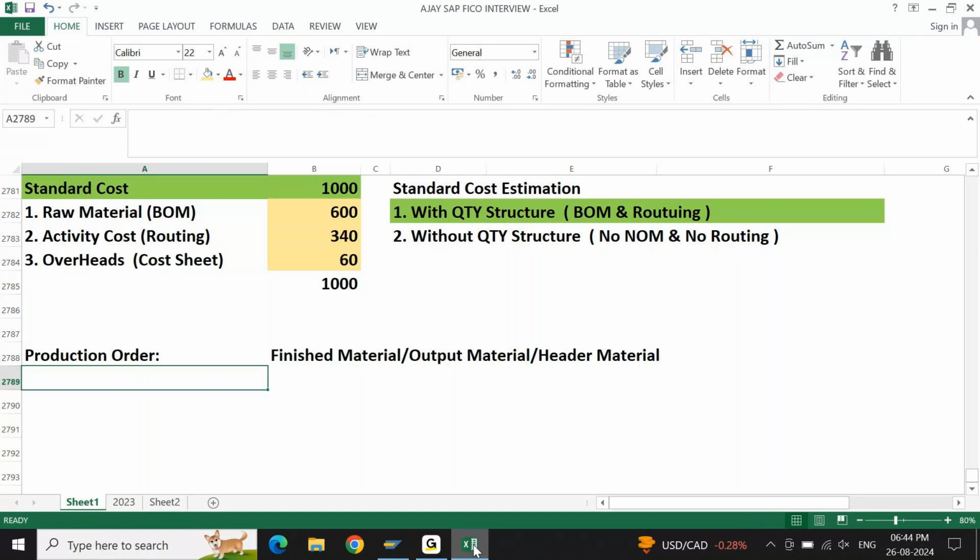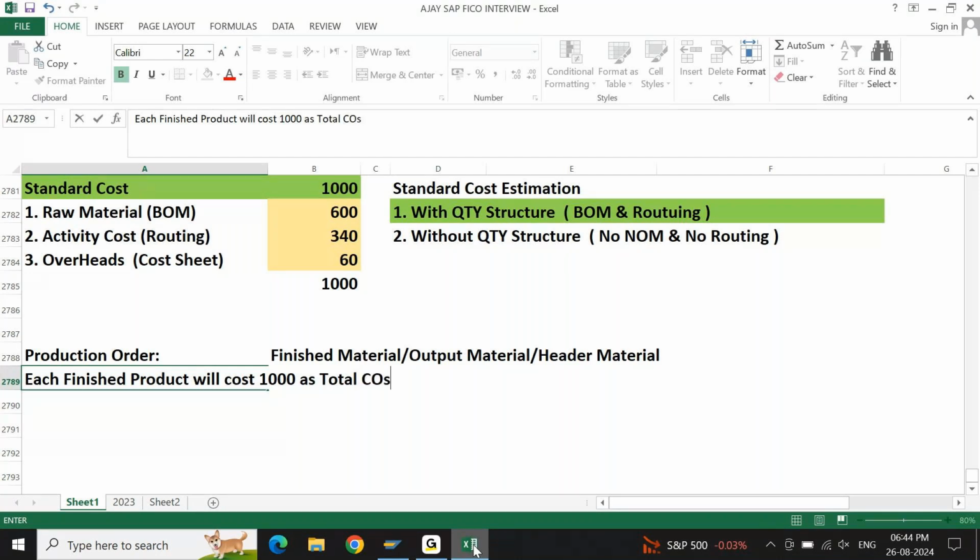So, I'll write it: each finished product will cost 1000 as total cost.